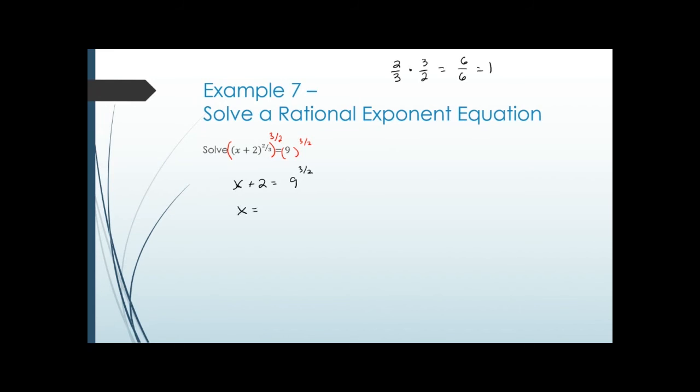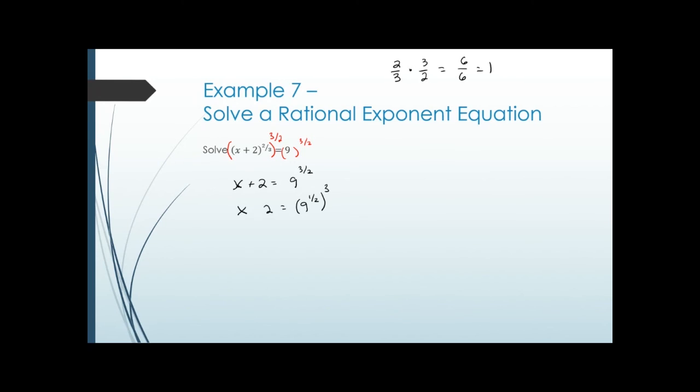Whenever possible, I try to separate it out so that I have the fraction part and then the numerator. I can split the 3/2 into 1/2 times 3, and I'm going to do the 1/2 part first. That 1/2 means we're taking the square root of 9, because the square root is the same thing as a 1/2 power.